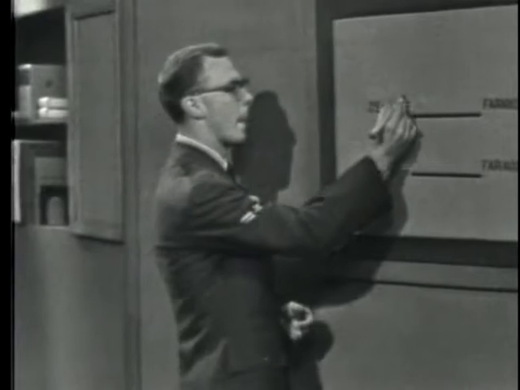Let's convert these to farads. First, we must answer this question. How much is a microfarad? Well, you should know that micro means one millionth. And it also means that the decimal point must be moved to the left from its original placement. Therefore, I can write this value in this manner.